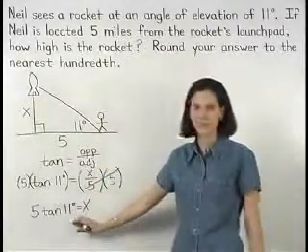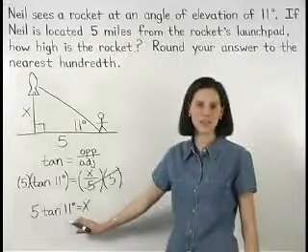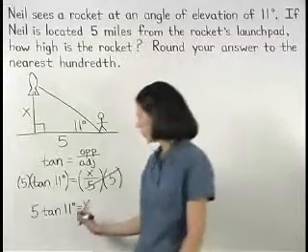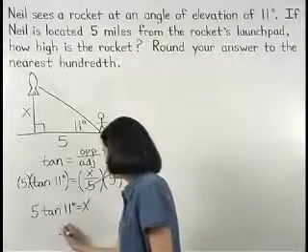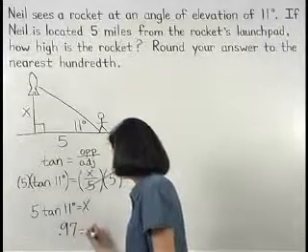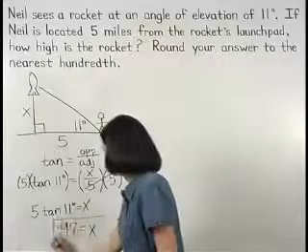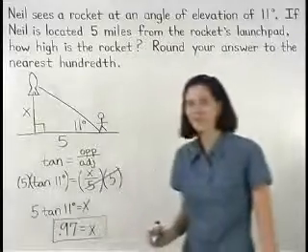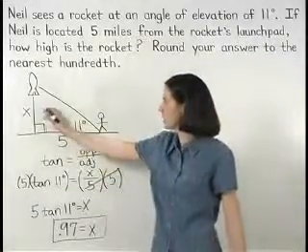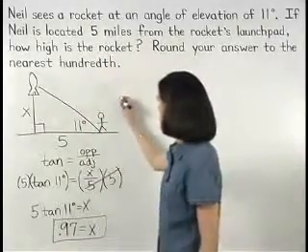Now, plugging this into our calculator and rounding to the nearest hundredth gives us 0.97 equals x. So the height of the rocket is 0.97 miles.